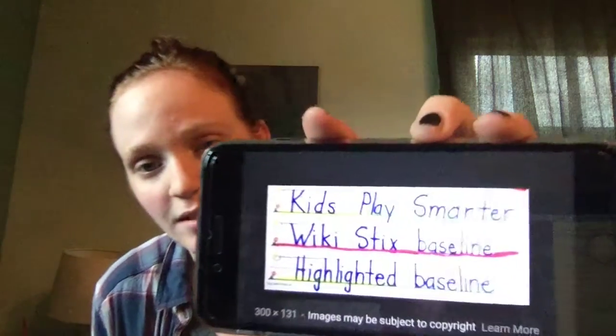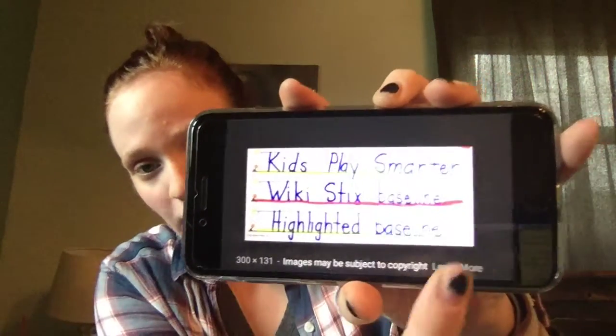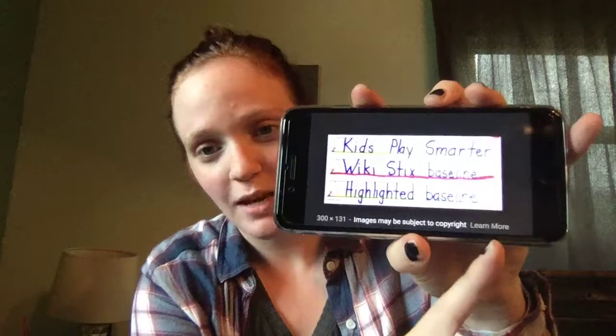Another thing you can do is use pipe cleaners or wiki sticks, like this teacher did. This has a wiki stick on the baseline, so the student knows to stop when they get to the wiki stick. They also did a highlighted baseline, which is another option, but the thing I like about the raised lines is that students can actually feel when they need to start or stop.